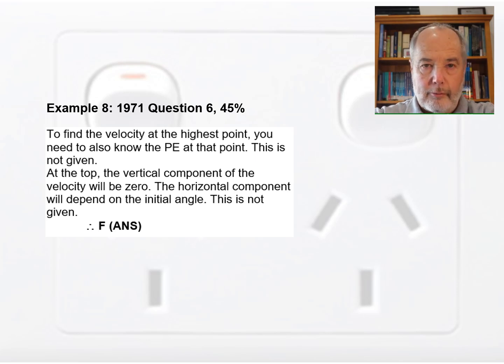The horizontal momentum is going to remain constant, so that's not going to be correct. Option D, which is where we're finding the kinetic energy, well, the kinetic energy is going to change depending on what point we're at, so that can't work. Therefore, the answer has to be F.